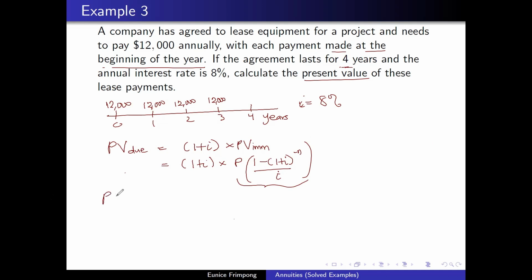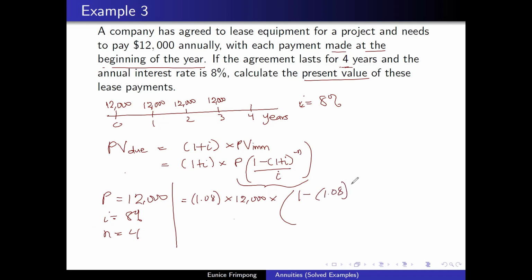So what is my P? P is 12,000. i is 8%. n is 4. So if I fix this in, I have here 1 plus i, which is 1.08, times P, which is 12,000, times the bracket: 1 minus 1 plus i, which is 1.08, to the power minus n, which is minus 4 in this case, all over 0.08.